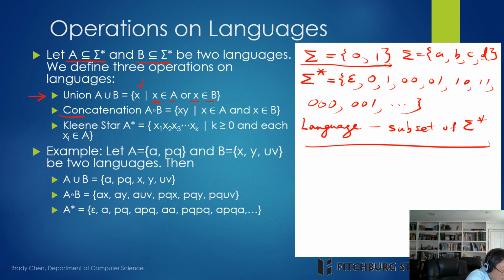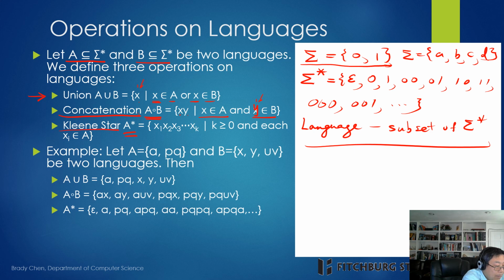Now concatenation, A circle B, a small circle, is defined as the concatenation of the strings x and y, where x is from the language A and y is from language B. I'm sorry, there's a typo here. So that's the concatenation of two languages A and B. And then for a language A, we also define the Kleene star, A star.